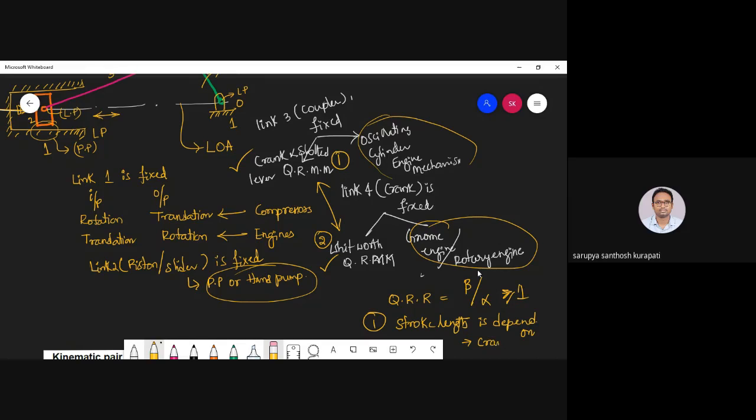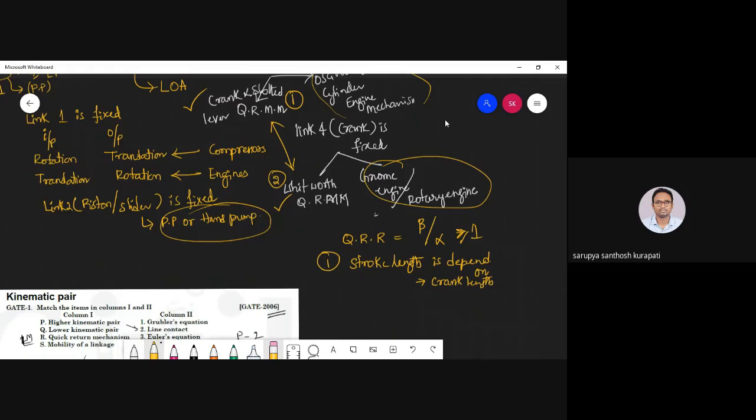Crank length. It is dependent on crank length and connecting rod length, and it is also dependent on slotted lever length. So these are the three factors.